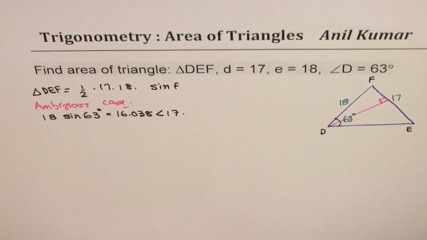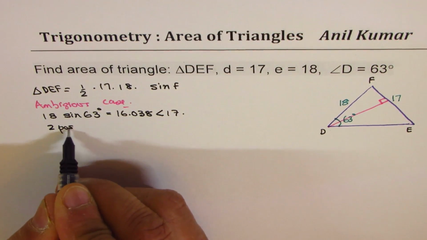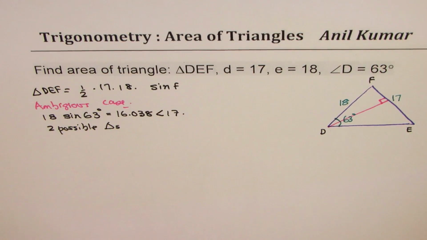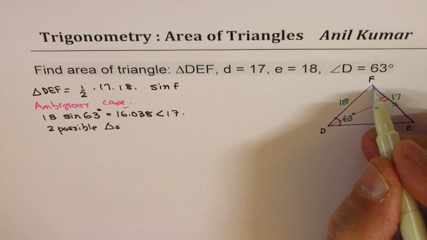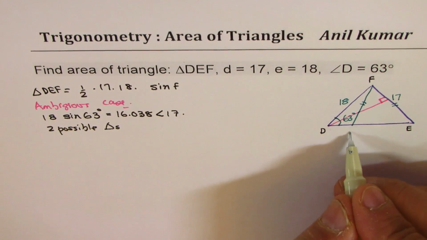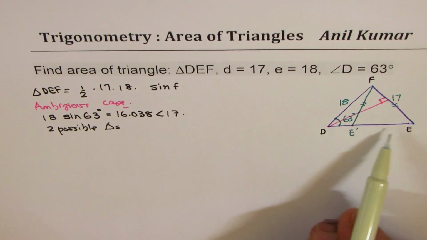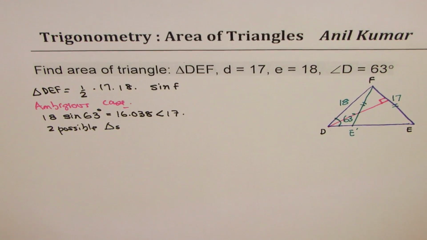So that means we have two possible triangles, correct? So the other triangle will have the same length as 17, however, that will be kind of like this. Do you see that? So I'm calling this point as E dash. So we have to work for two triangles, remember this. Okay, let's first solve this big triangle.